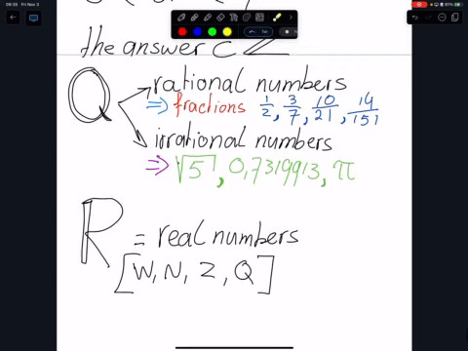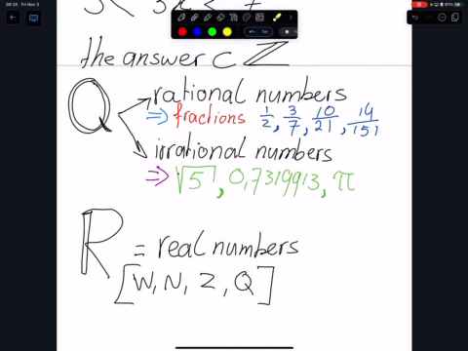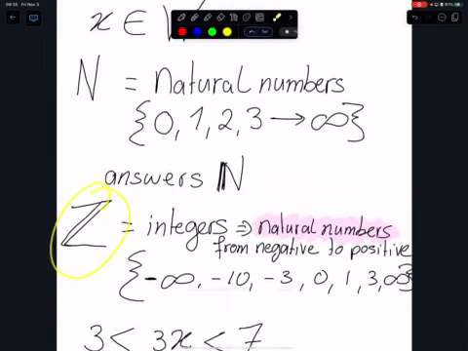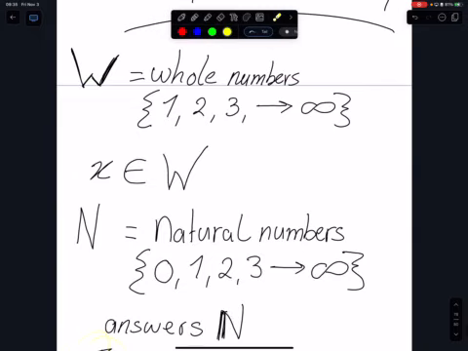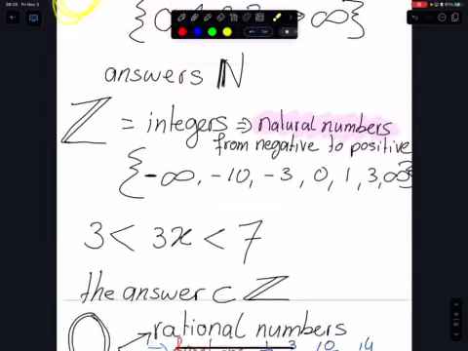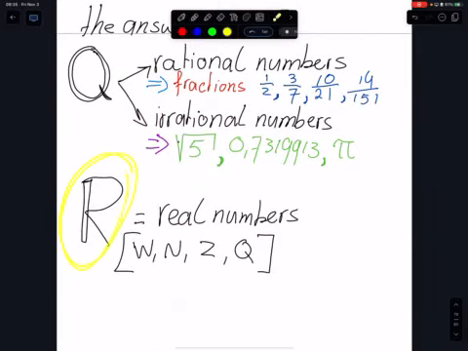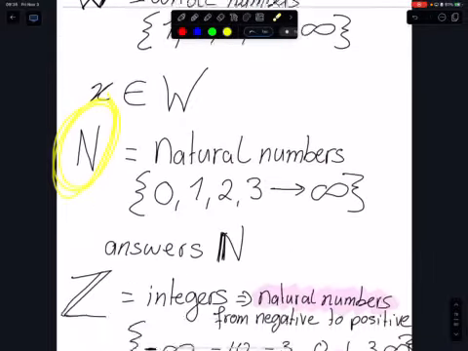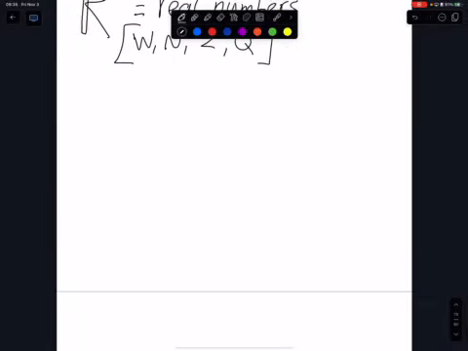So in CSEC, the majority of the time, they use R, Z, and N. They use N, Z, and R. They use these three most commonly to say "give your answer as."